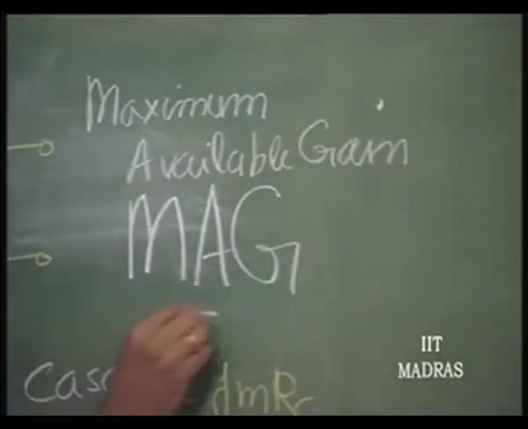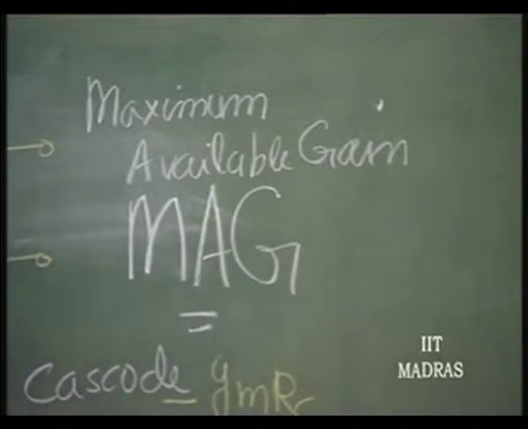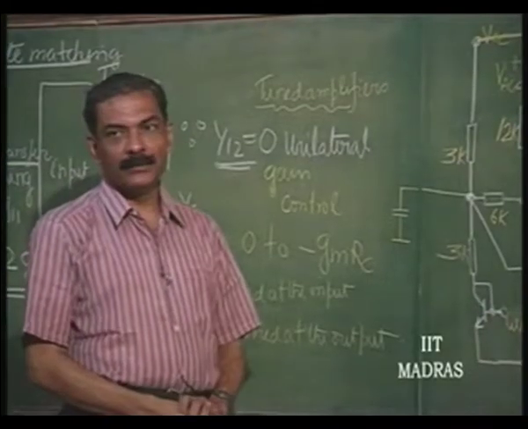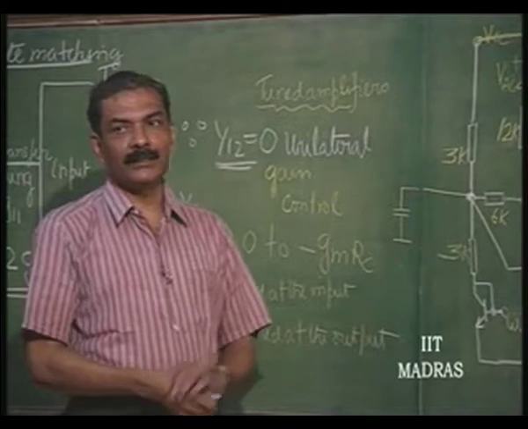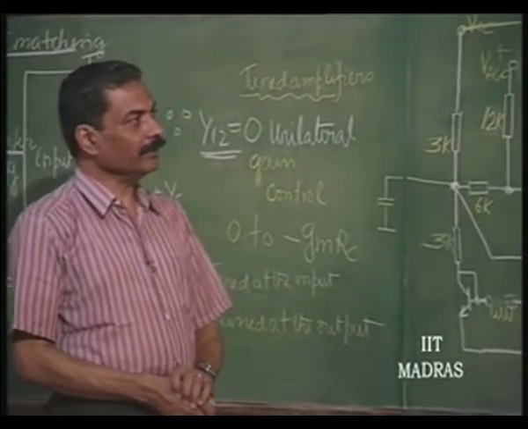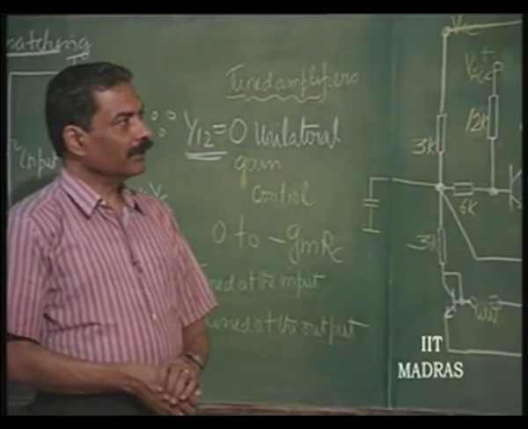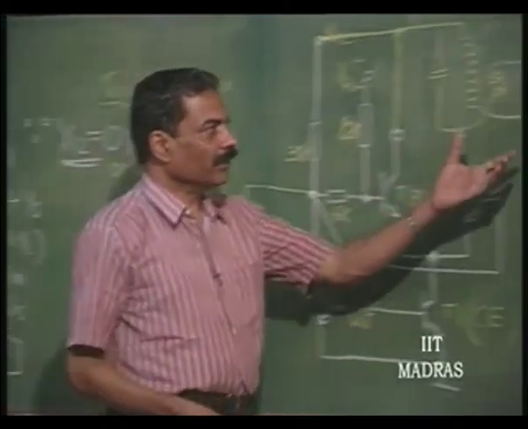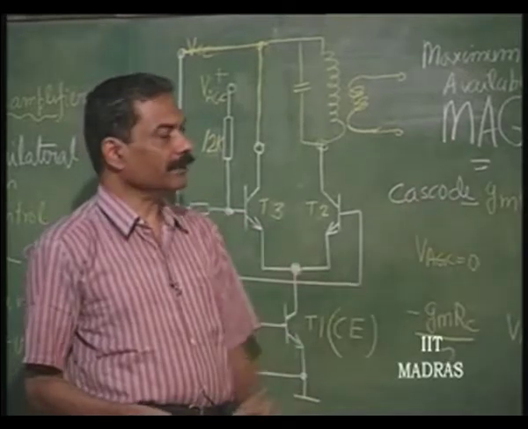This is one of the important parameters of tuned amplifiers, power amplifiers, maximum available gain. Particularly if you are designing such RF power amplifiers as transmitting stage etc., you would like to use a device with a certain power gain called maximum available gain. What is the maximum available gain?